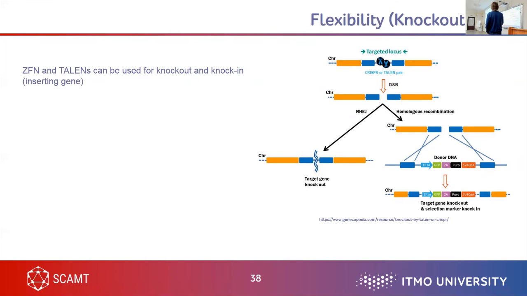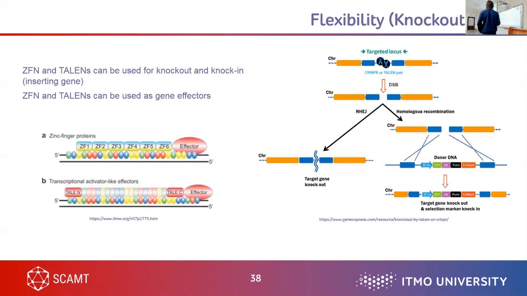And zinc finger and TALEN can also be used as gene effectors. What does it mean? We have zinc finger or TALENs, and they can be modified. We can delete the nuclease and add a factor, and this modification will bind to target DNA and will launch the expression of the gene.